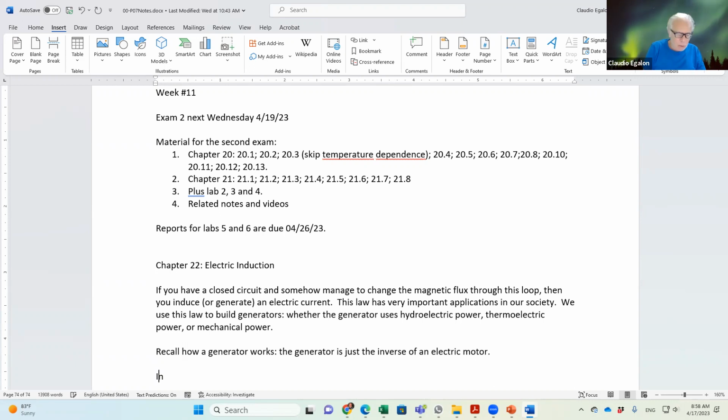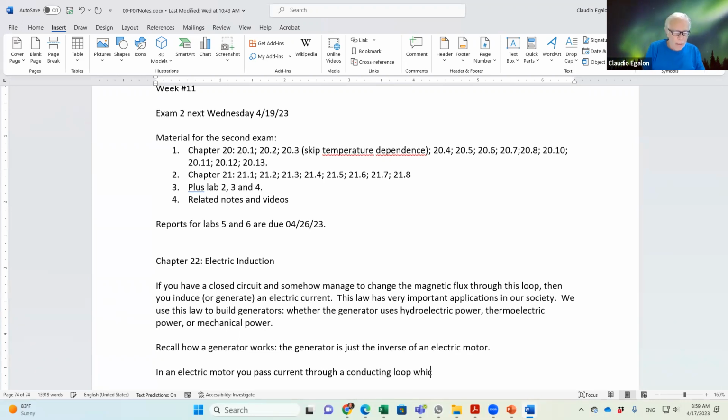In an electric motor, you pass current through a circuit, through a conducting loop, which is subjected to a magnetic field.